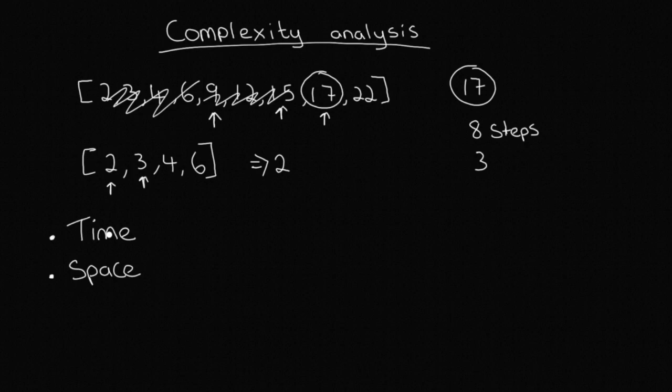Now, to define time a little bit more in depth, we could think of time as how long it takes a program to execute. So that definition isn't exactly right, but it's a good starting point. For example, imagine you have a laptop that's maybe 8 years old, and imagine I have a brand new PC, a custom built PC. If I go and run the exact same program as you, my computer will run that program faster.